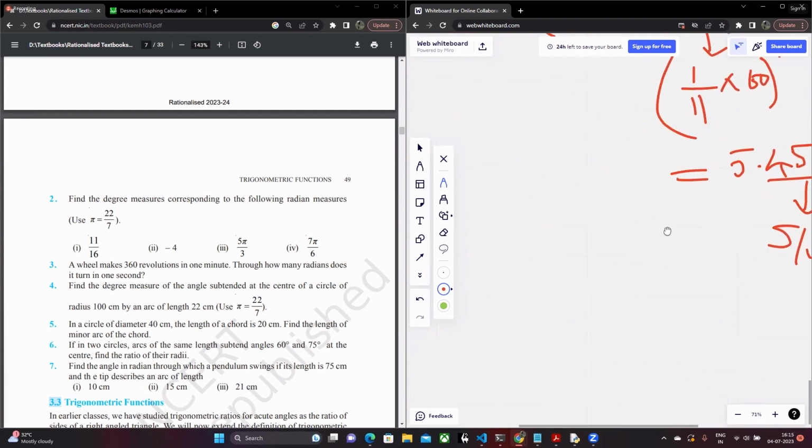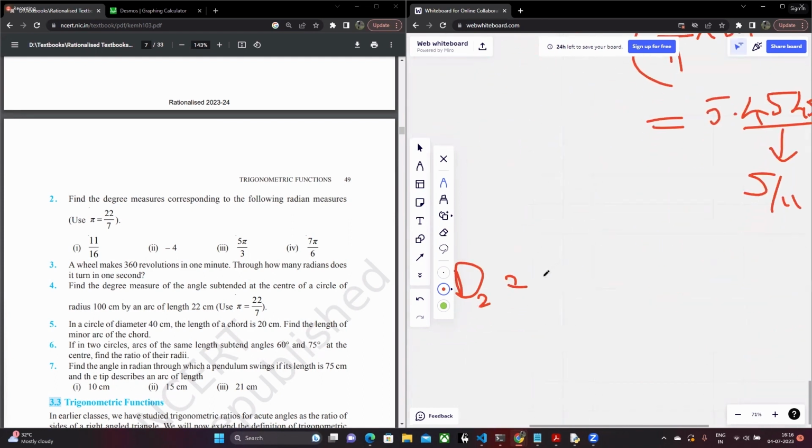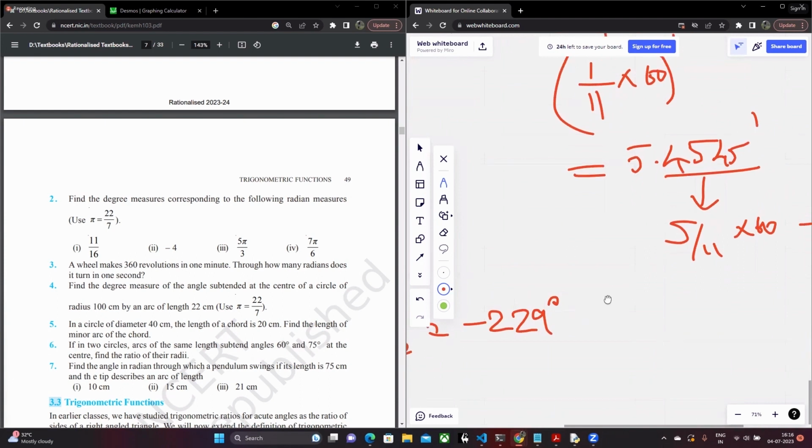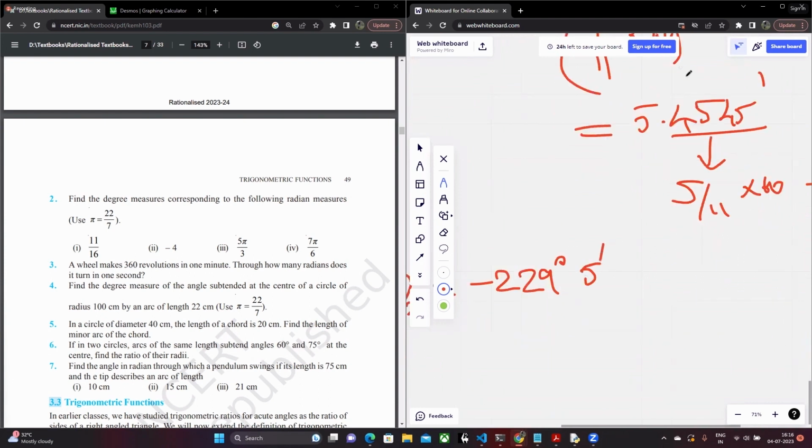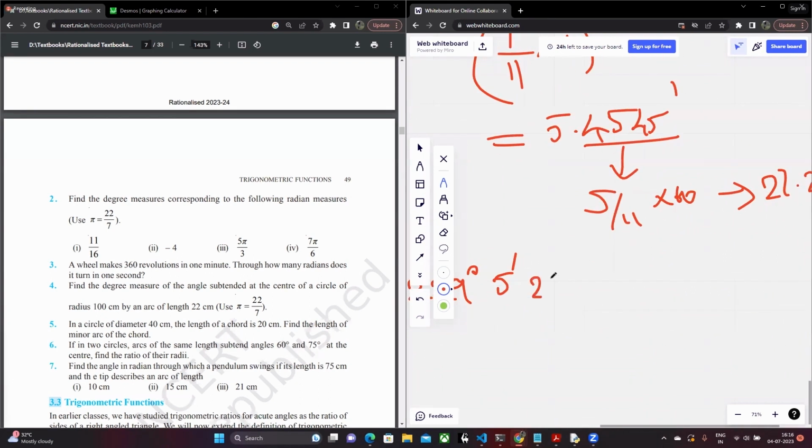So you basically have your D2 equal to: the first part is minus 229 degrees, the second part is 5 minutes, and the third part is going to be 27.27 seconds.